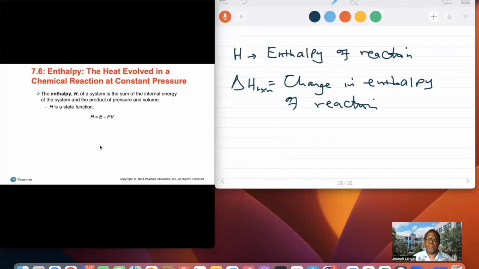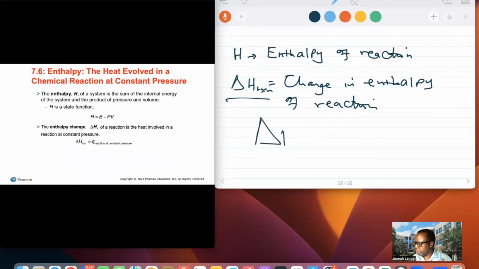It is a state function. We defined that earlier on, but the question is, how do we calculate the enthalpy for a reaction? It's the same as the Q for the reaction at constant pressure. Delta H for the reaction is the same as the Q at constant pressure. This is constant pressure calorimetry, meaning the pressure is constant, open to the atmosphere. We use the coffee cup for this.